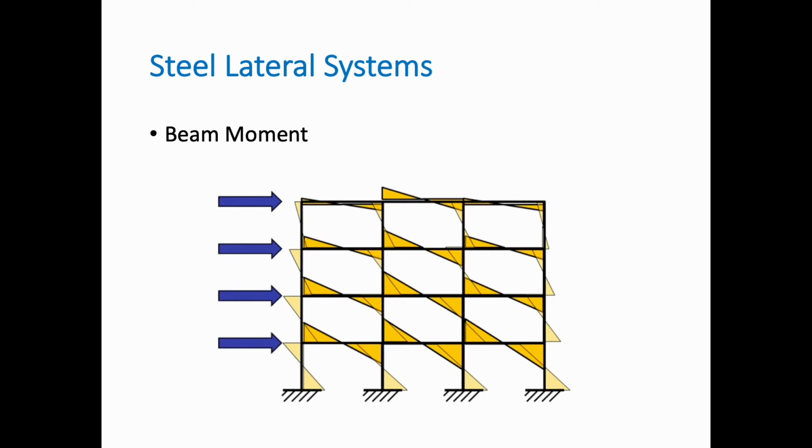Here we see the seismic moment on the beams, and as you can see, there is a discontinuity between the moment, where the moment of the beam goes onto the column and the moment of the column goes onto the beam. What you see here is just an idealization of the seismic beam moment.